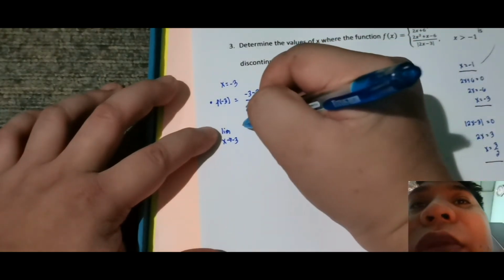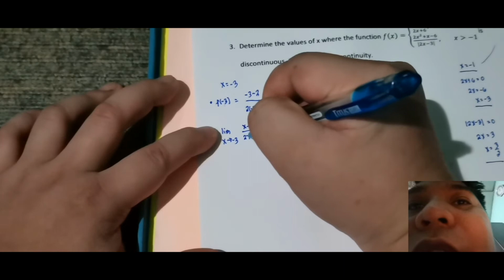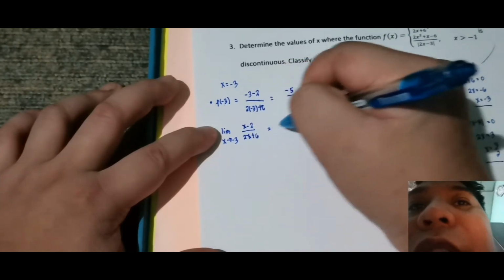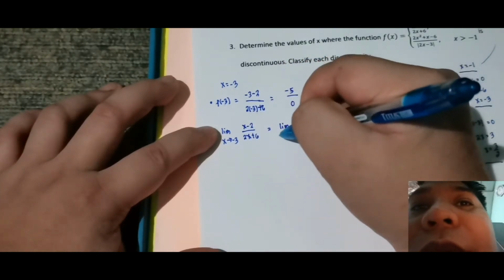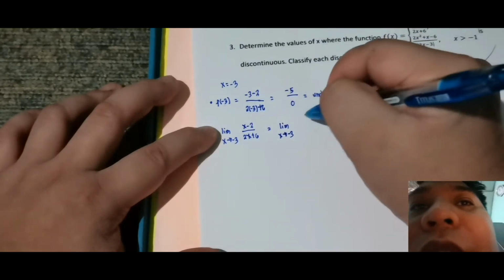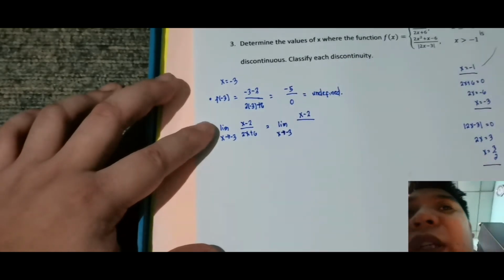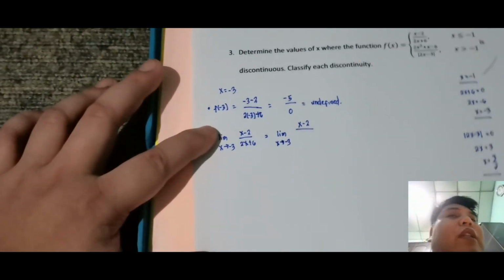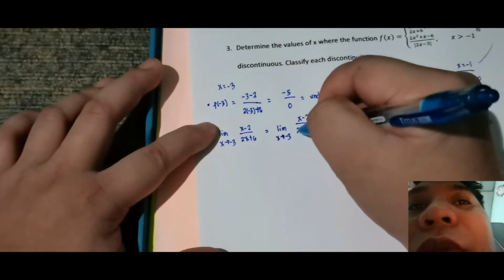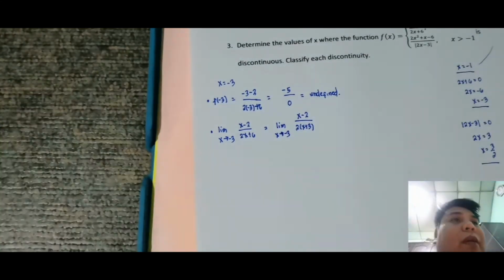This is x minus 2 over 2x plus 6, which is equivalent sa limit as x approaches negative 3 ng x minus 2 over, factor natin yan, 2 times x plus 3.